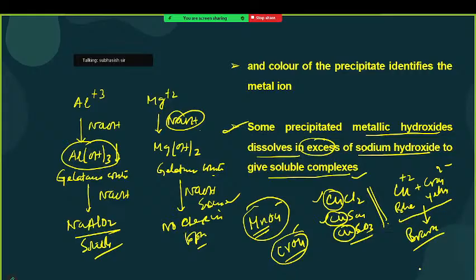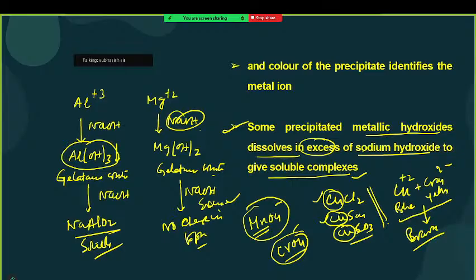So color is not exactly the combination of cations and anions. They may impart different types of color because color generally originates from electronic transition.